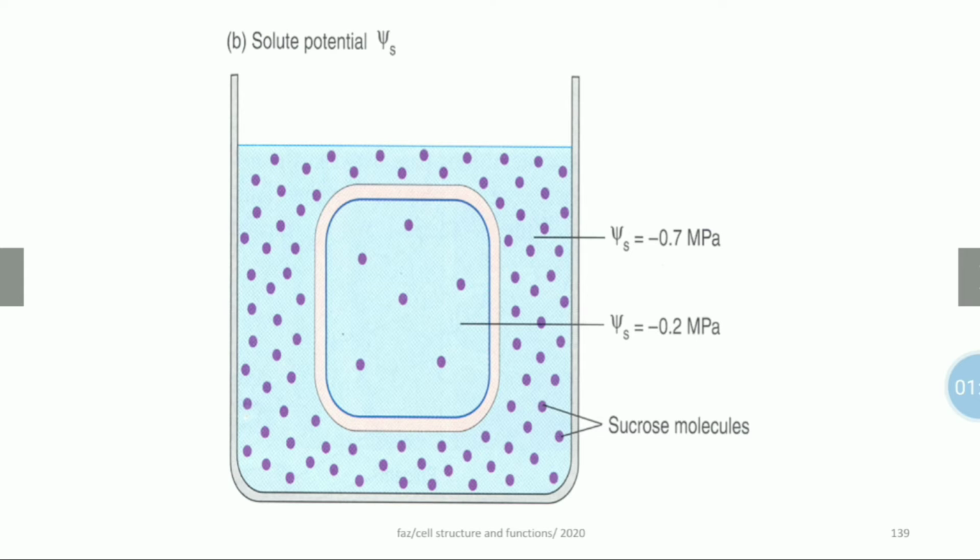Therefore, since the amount of sucrose in the cell is less compared to the amount of sucrose molecules outside of the cell, the solute potential in the cell is less compared to the solution outside of the cell. Meaning that in the cell, the water potential is higher compared to the water potential outside of the cell.